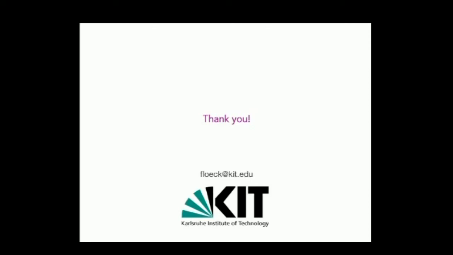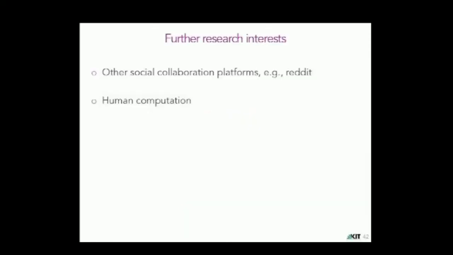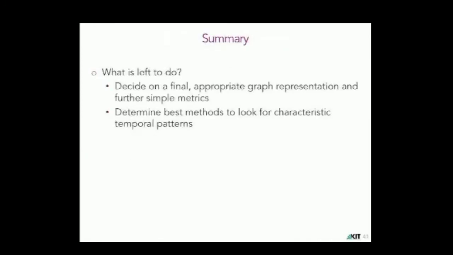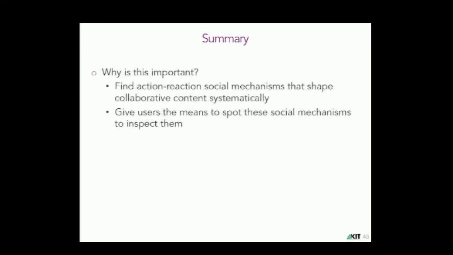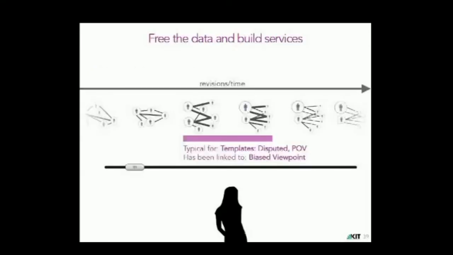There's a little bit of code that includes code from somewhere else, so it puts a little badge on your stuff. When you showed the word template as a caption, very often what you had was certain sequences of arrows between nodes, and you said this is typical for a template of disputed.